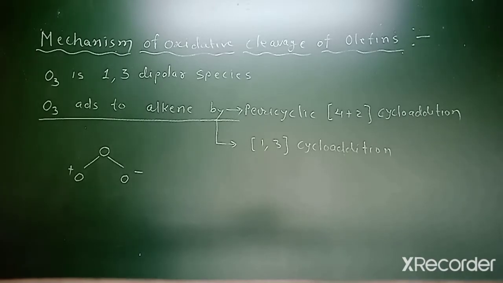Now O3, you know ozone, adds to alkenes, or adds to the double bond of the alkene, by a pericyclic type of reaction. In that pericyclic type of reaction, it uses a pericyclic 4+2 cycloaddition.